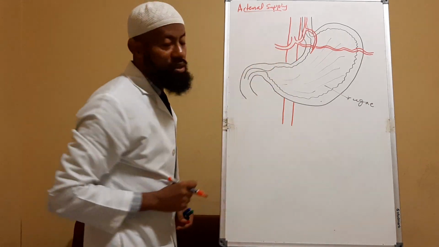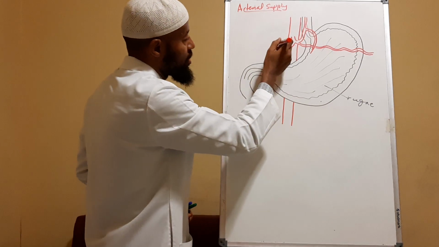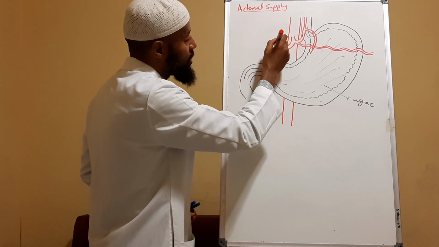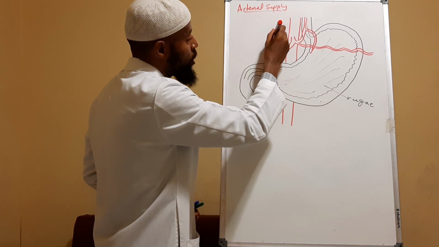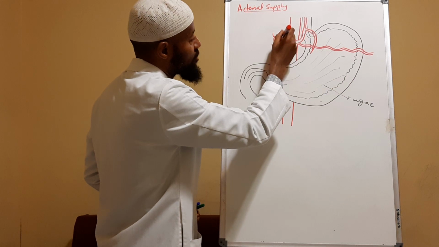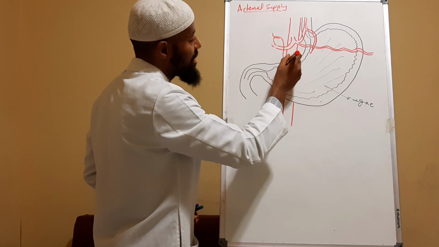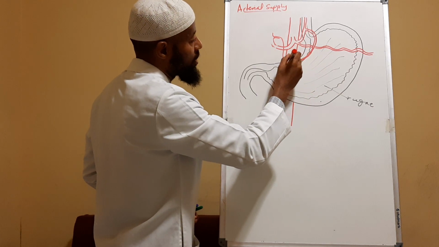Now the common hepatic artery begins to drive upward. It's going upward. However, as it's going upward, it gives a branch. So it gives a branch that runs downward to anastomose with the left gastric artery.